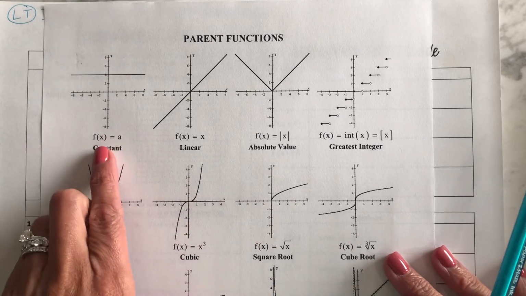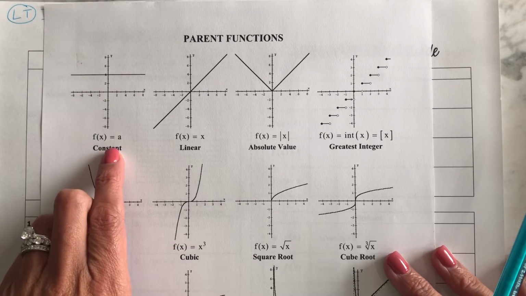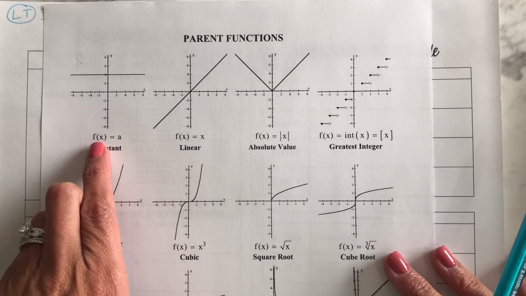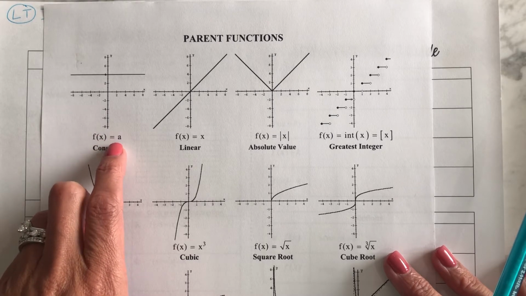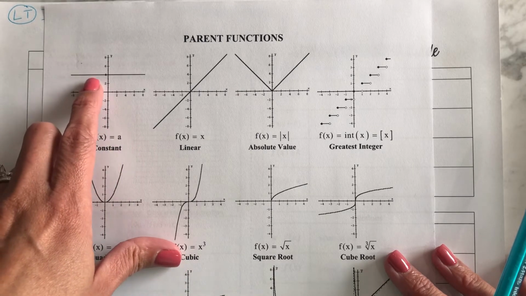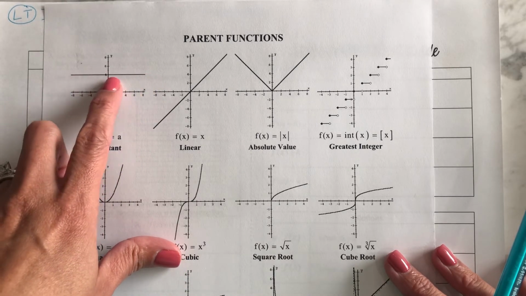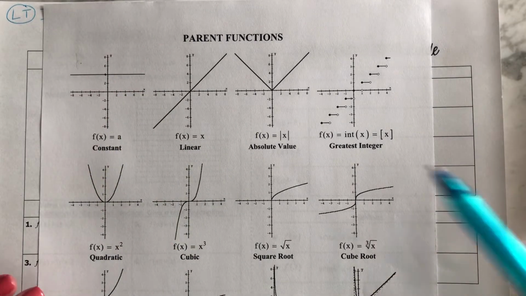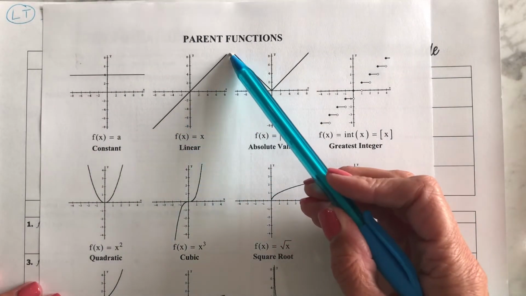This first one is a constant function, where f of x, or y, equals a constant. So this would be the constant 4, going through 4 there. A linear makes a straight line with a slope.